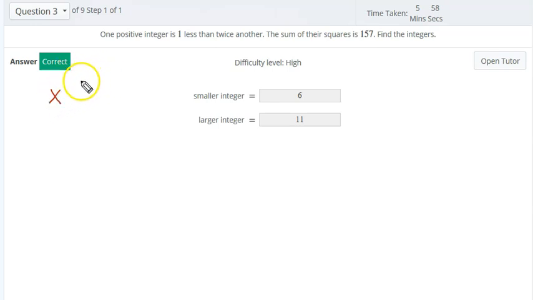They're not going to be radicals. So one positive integer, that would be this one, well, the other one is one less than twice the other. So twice the other, which is x, minus 1. That would be the two integers.